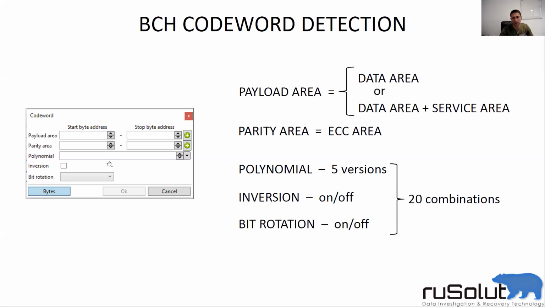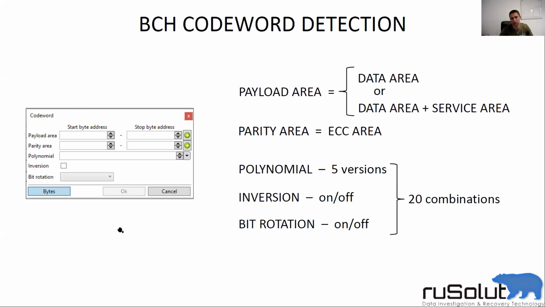We have here 5 versions of polynomial, and it's like most used versions. Of course, there are more of them, but usually for BCH in NAND, the developers used 5 versions of polynomial mostly. And then we have options for inversion and bit rotation.